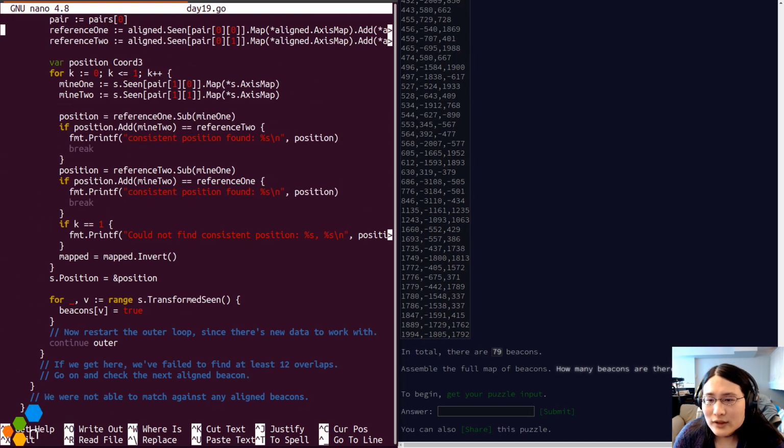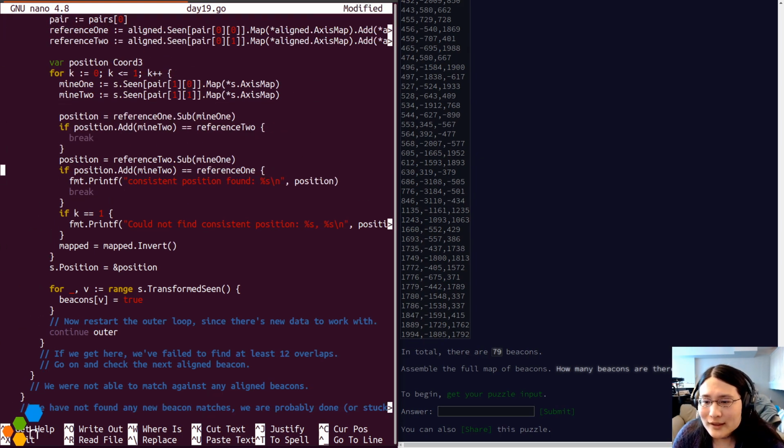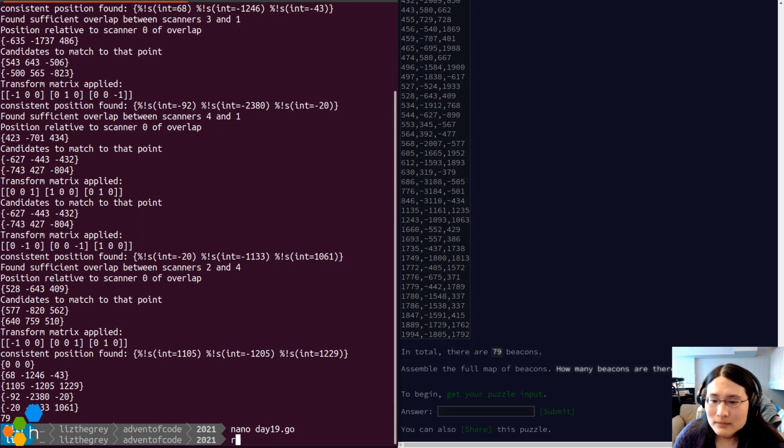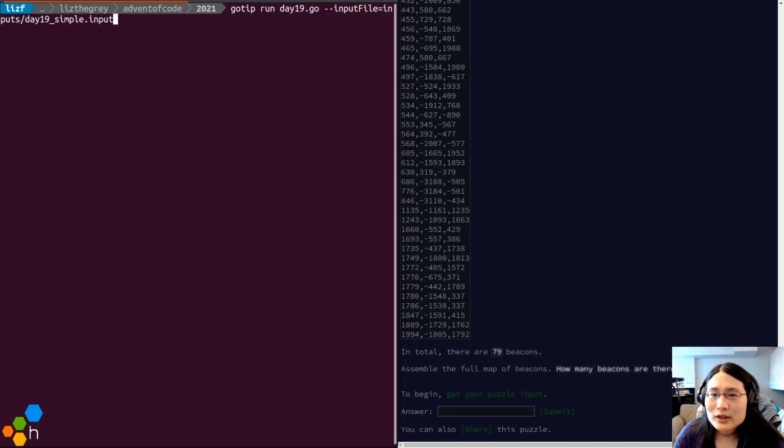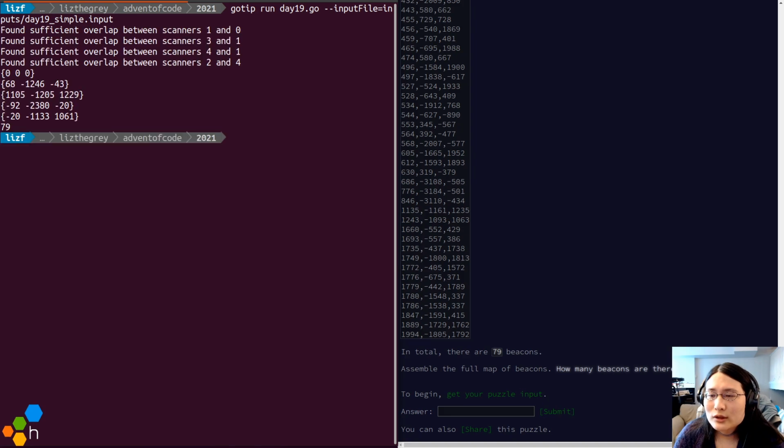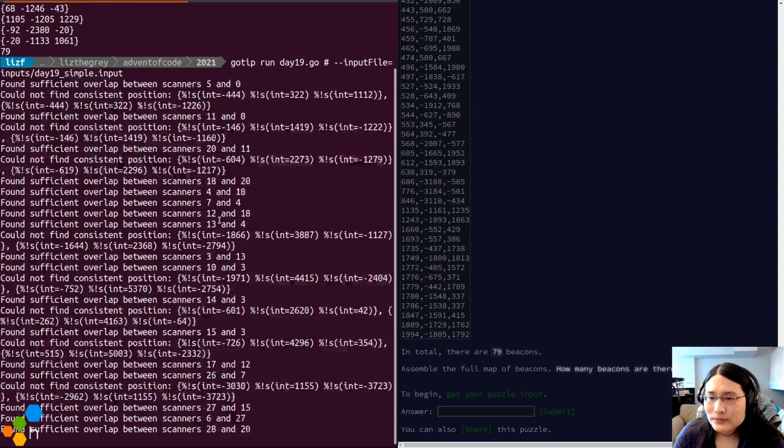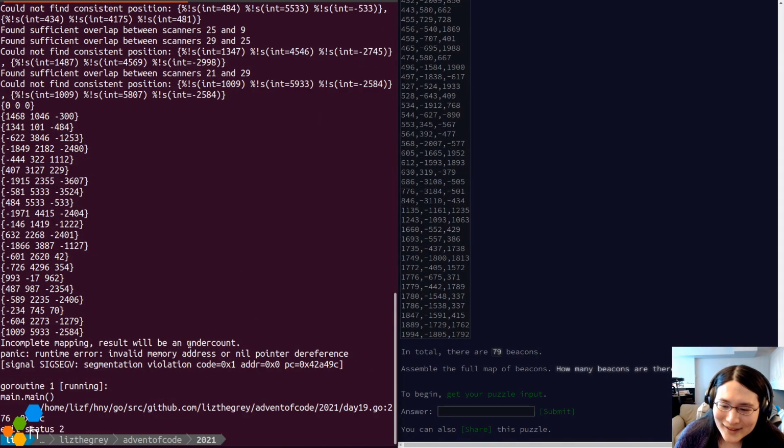And let's leave in the could not find consistent position. Now let's run it on our sample input just to make sure it produces clean output. And now let's run it on my real input. Whoa, that's exciting. Okay.